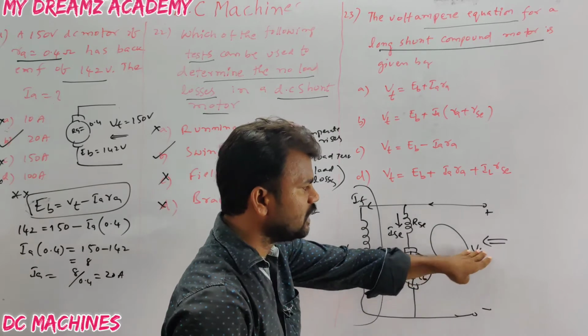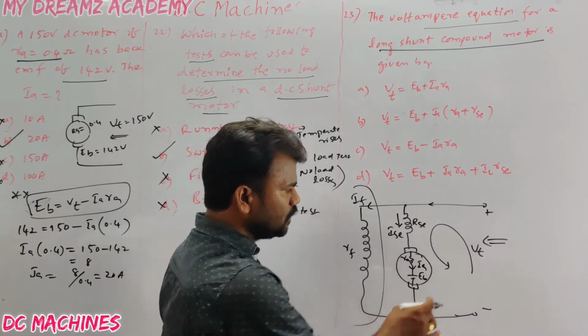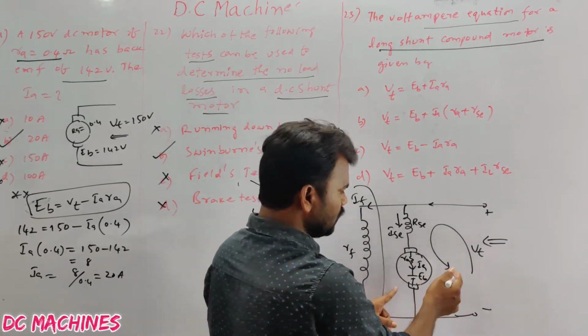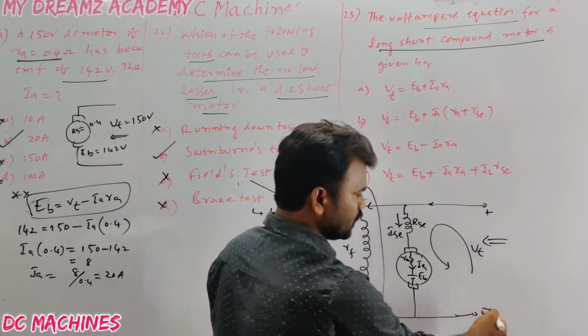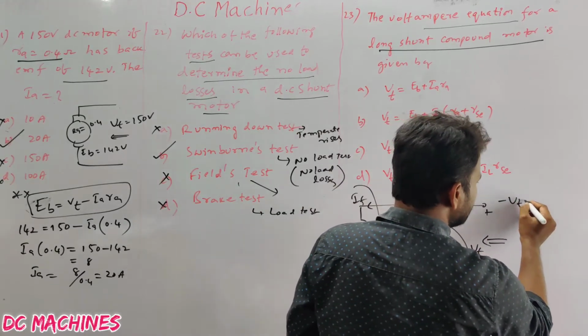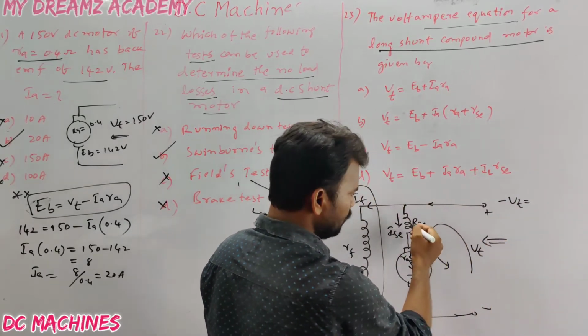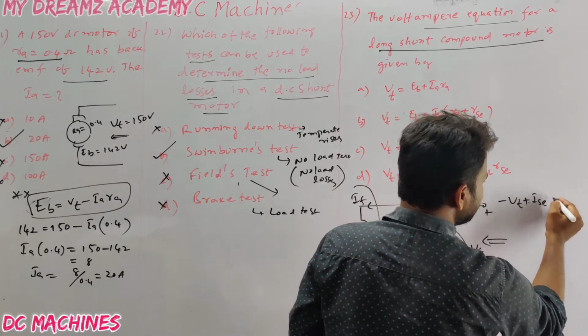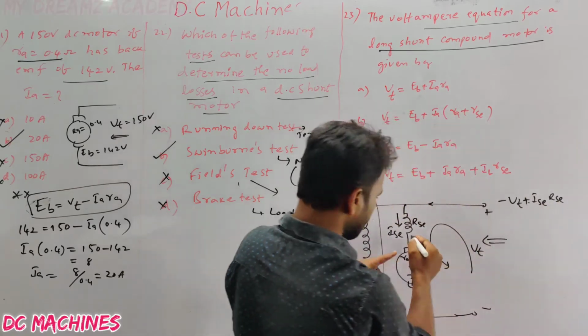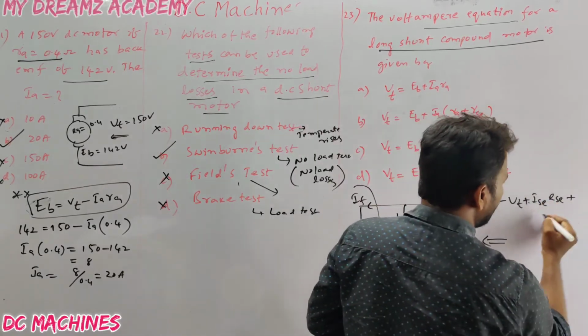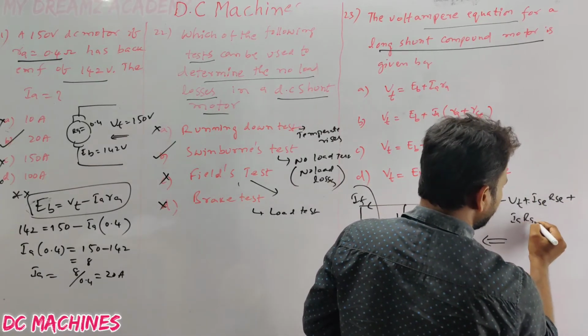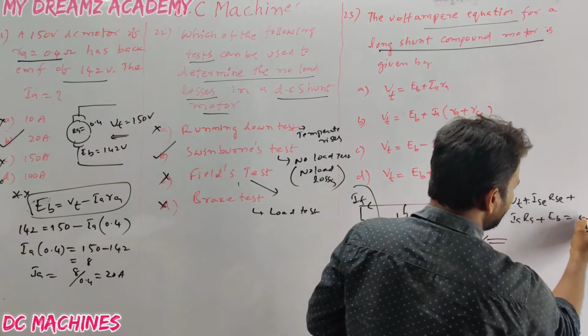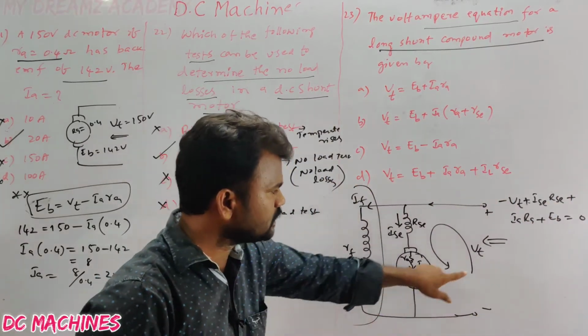We have to write the terminal voltage equation. It is a closed path. Apply the KVL technique: minus Vt plus Ise into Rse, plus Ia into Ra plus back EMF equal to 0. This is our KVL equation.